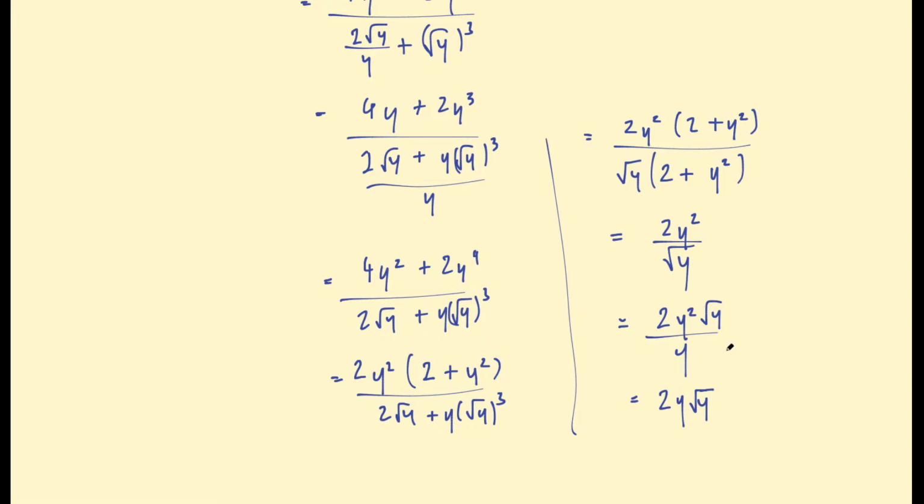Yeah, 2y to the power of 1.5, which was what this would be, 2y to the 3 on 2. There must be a way easier way of doing that. I did it the really long way. But yeah, 2y to the power of 3 on 2.